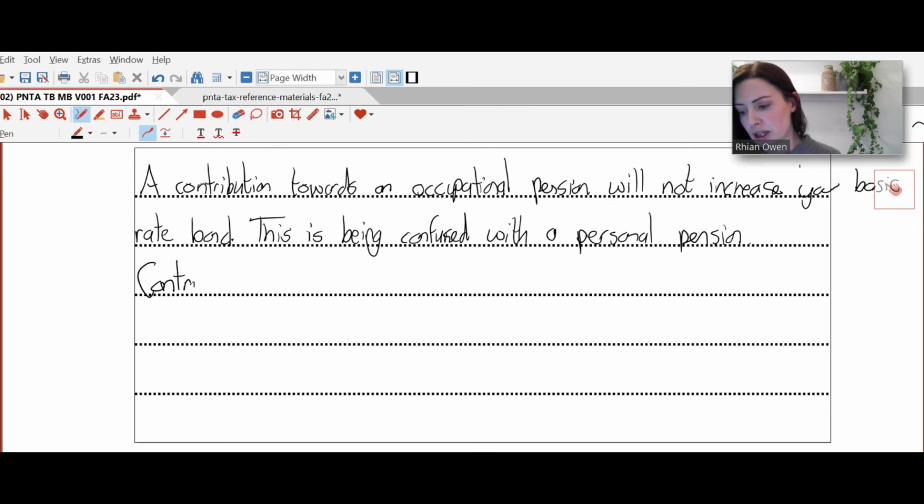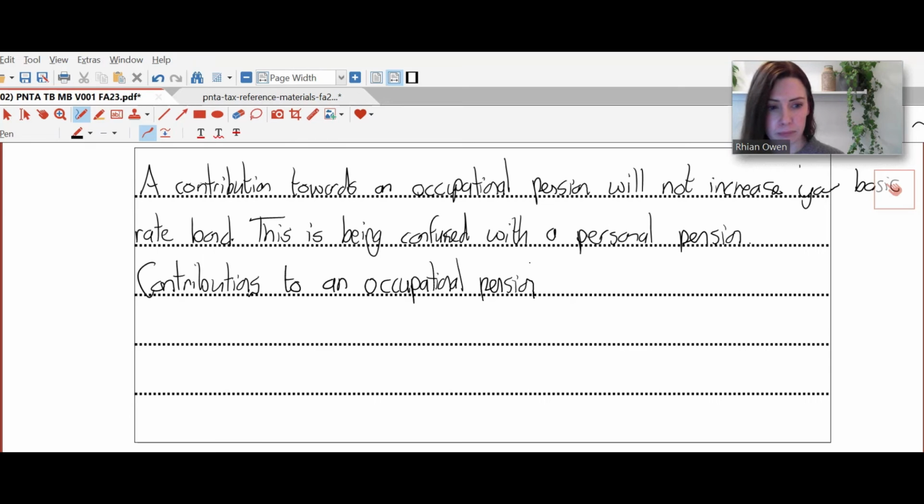So contributions to an occupational pension are deducted before pay as you earn is calculated.